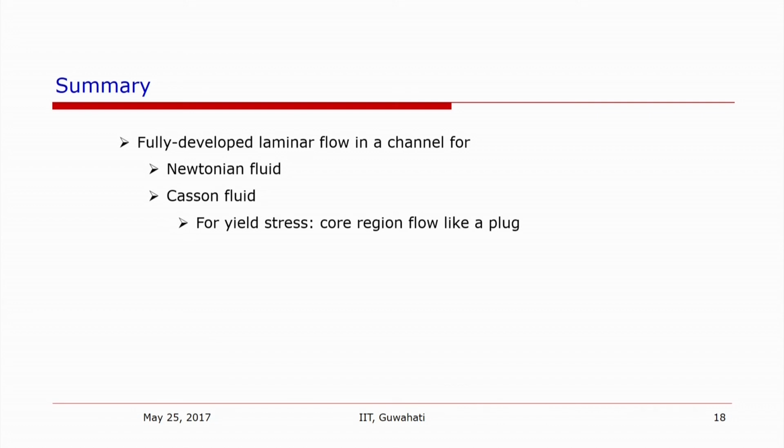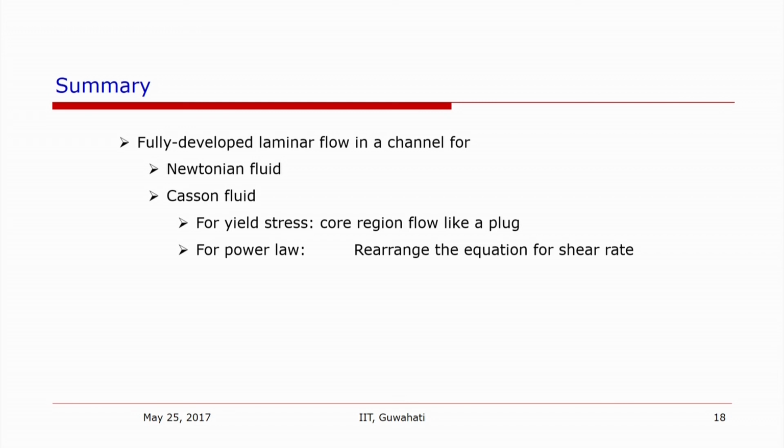In the Casson fluid, there are two things that we should remember: if there is a yield stress, then the fluid in the channel will have two regions. In one region the shear rate will be varying across the cross section, whereas in the center the fluid will flow as a core.